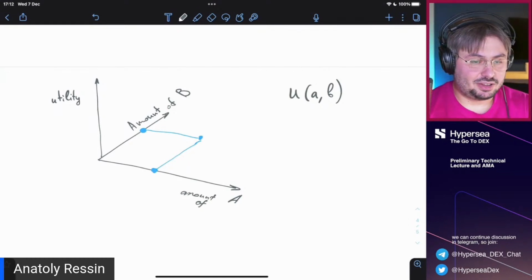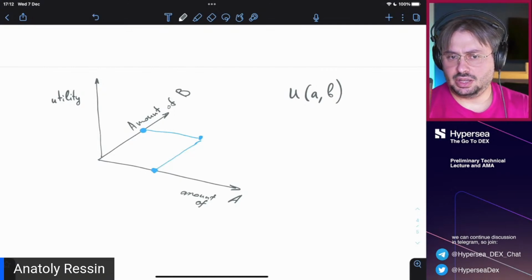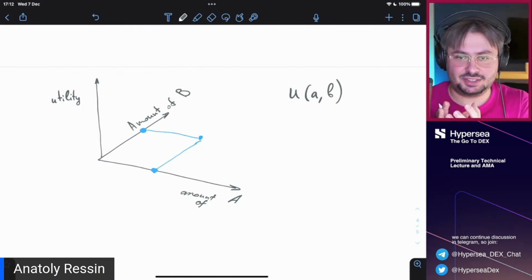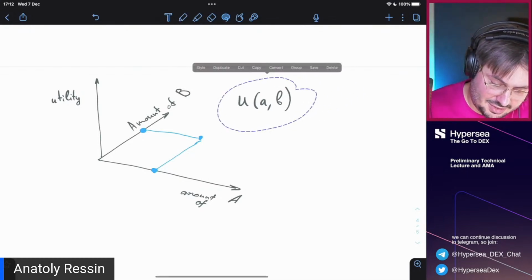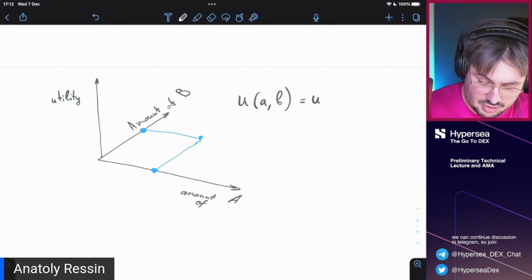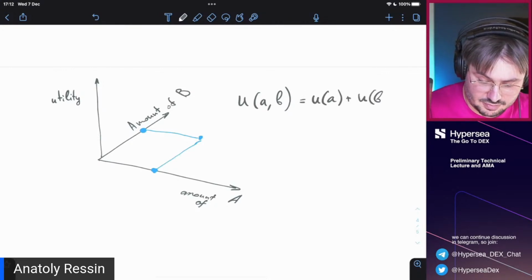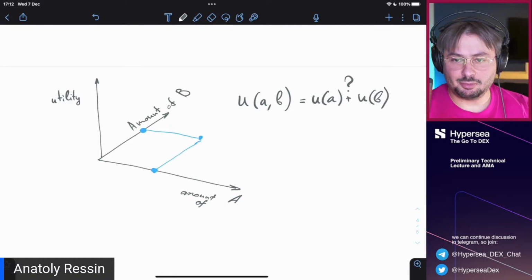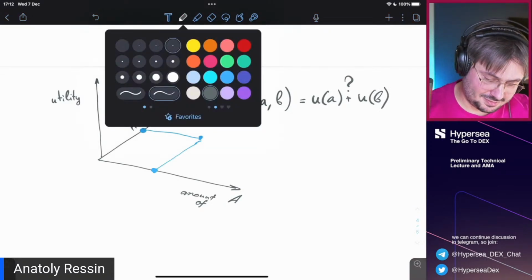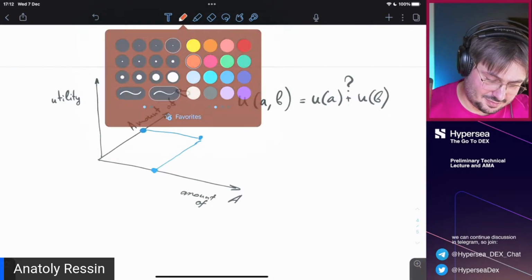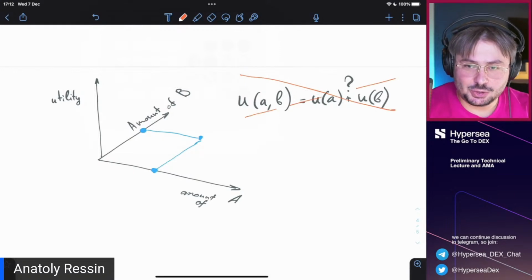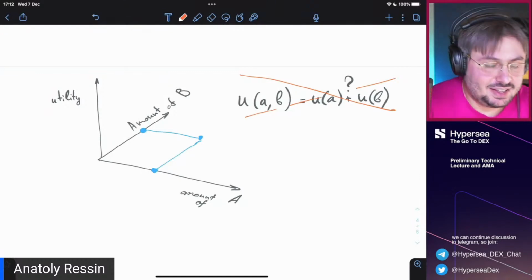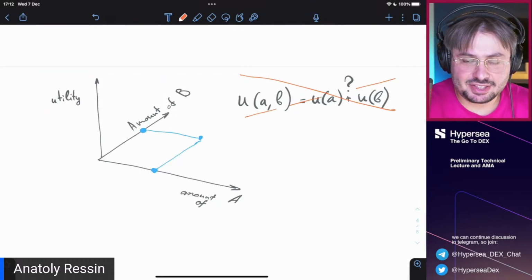Probably somebody can say that, okay, if A has a utility and B has a utility, then let's just add them together and say that U of A and B should be this sum. But actually it is not true, because two different assets can have a synergy.